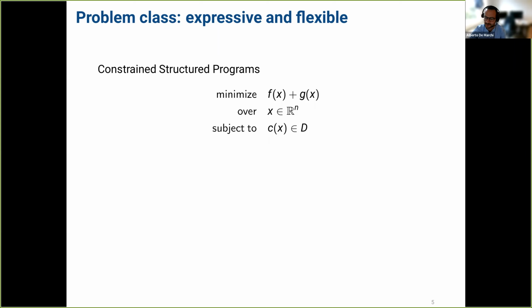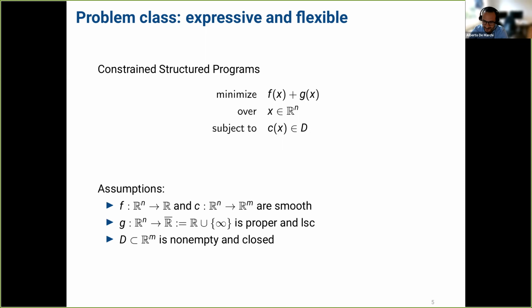So we have a function c and a set D. And why do I call this problem class constraint and structure? Well, first we have constraints, and structure because we have this composite objective function. And I also state here in the beginning of this slide that it is an expressive and flexible problem class.